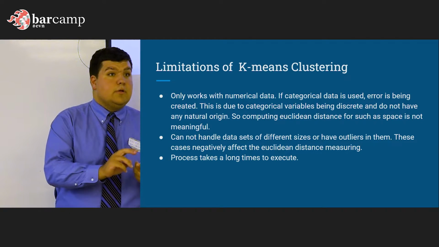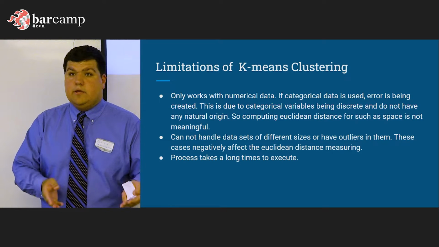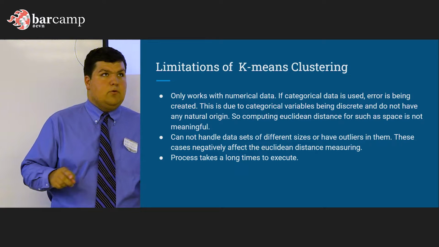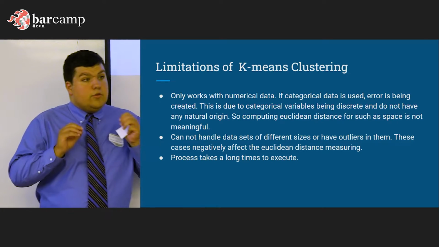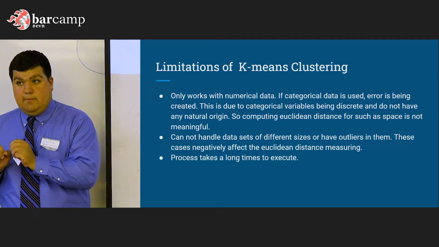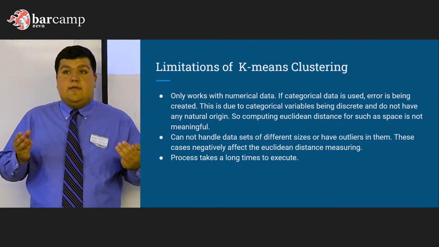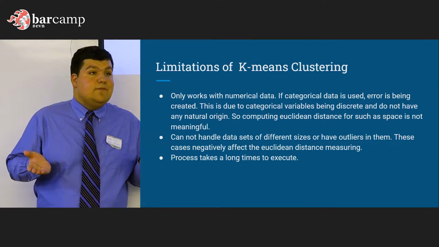For example, colors: let red equal 1, black equal 2, white equal 3, etc. Or another case, let m equal 1, f equal 2, u equal 3. The reason this doesn't work with k-means clustering is because we're assigning them arbitrary values. This makes the Euclidean distance measuring that k-means clustering relies on effectively moot.